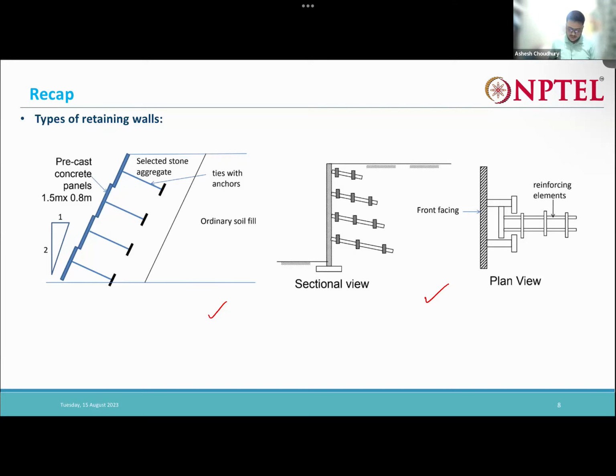Similar to this, here we are using tie rods, right? And in this case, in place of rods, we are using some ladder-like reinforcing element. These are the initial concepts that were developed for reinforced soil.